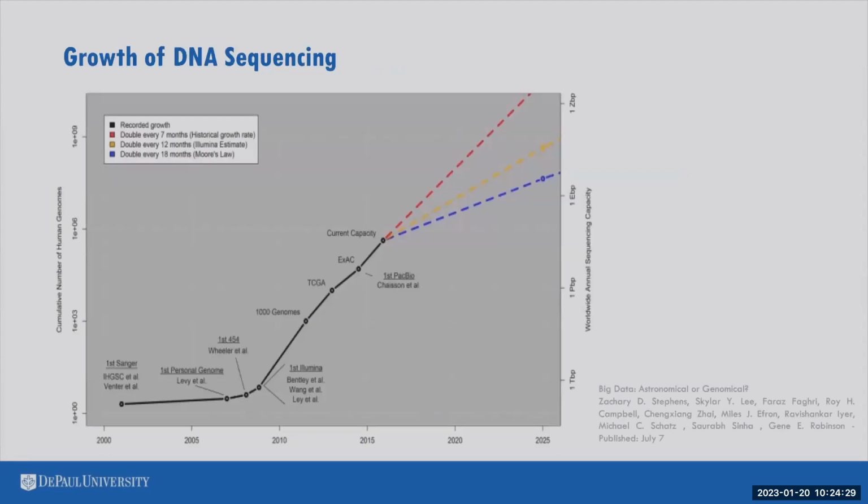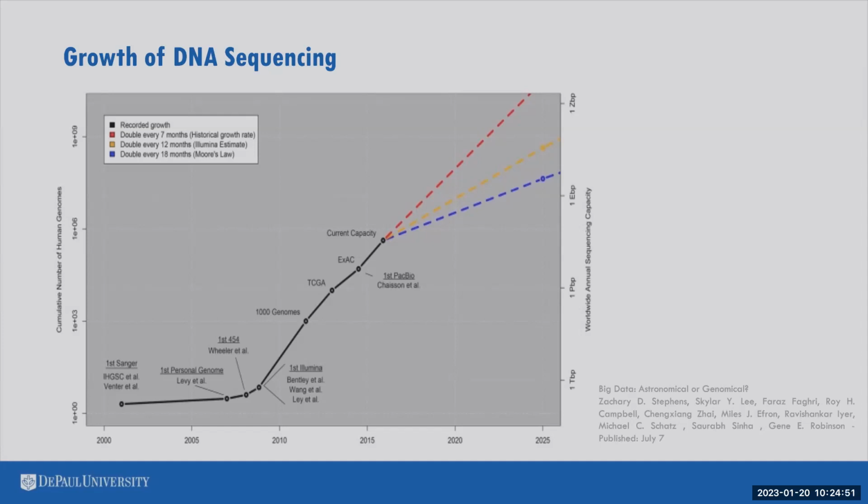So I just wanted to mention, since we are talking about big data, the growth of DNA sequencing. This is from a paper published by Dr. Schatz, who does a lot of work in this area. He's a computational biologist. Basically, this is showing how much data is going to grow.